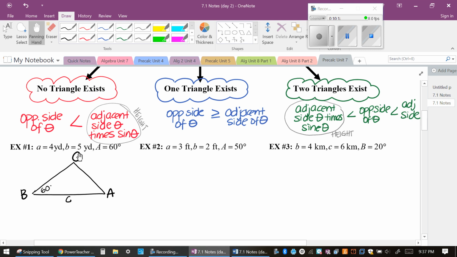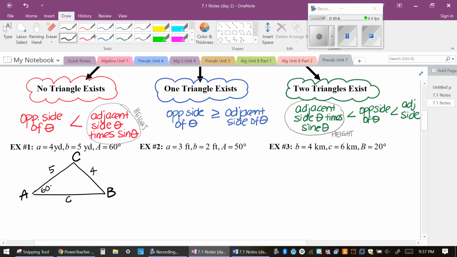In lesson 7.1, day 1, I told you that it doesn't matter how you go around naming it ABC, as long as you go clockwise or counterclockwise. Now, I'm going to go ahead and just put A on the left corner. All right. Let me finish filling out. So this would be 4, and little b would be 5.